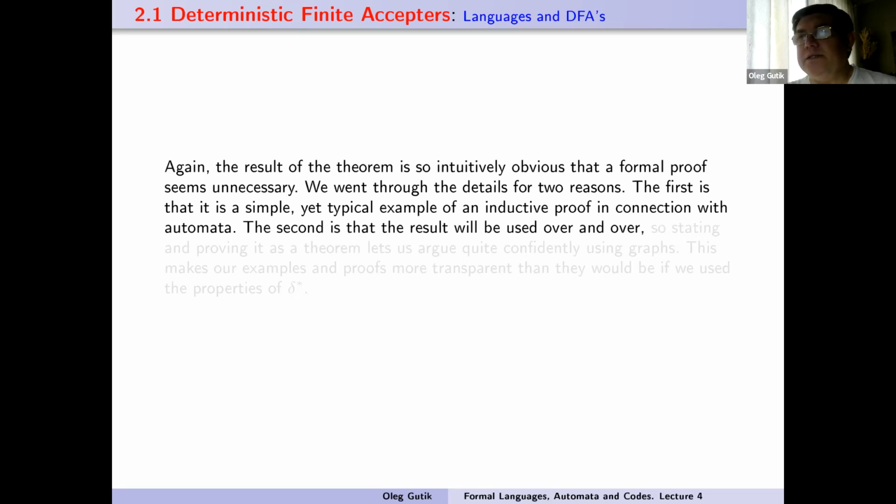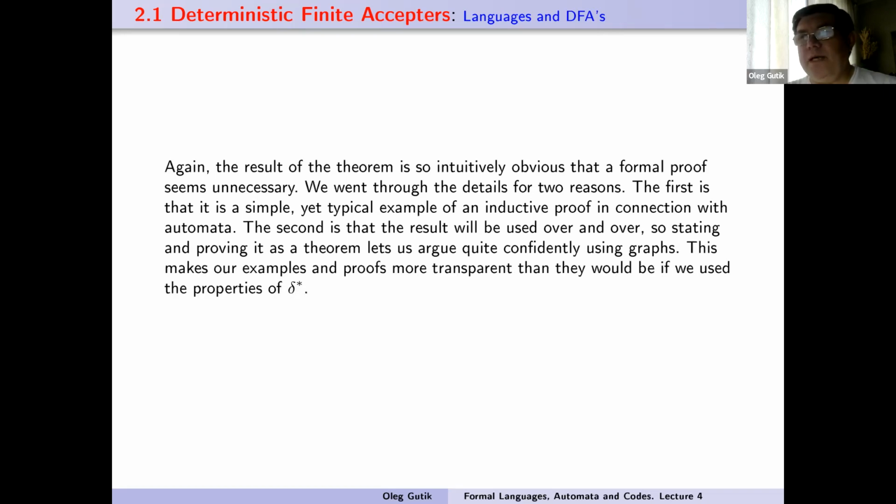The second is that the result will be used over and over, so stating and proving it as a theorem lets us argue quite confidently using graphs. This makes our examples and proofs more transparent than they would be if we used the properties of the transition function delta star.